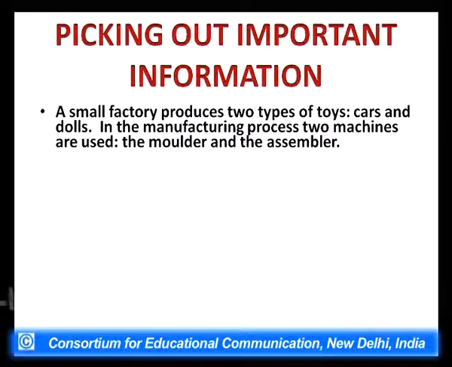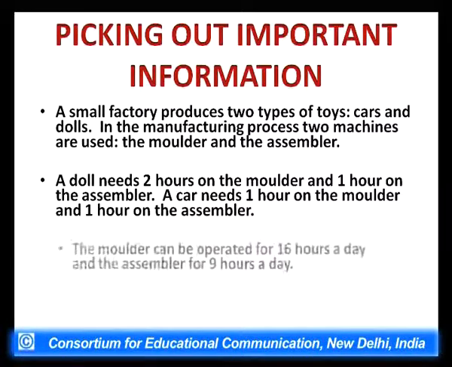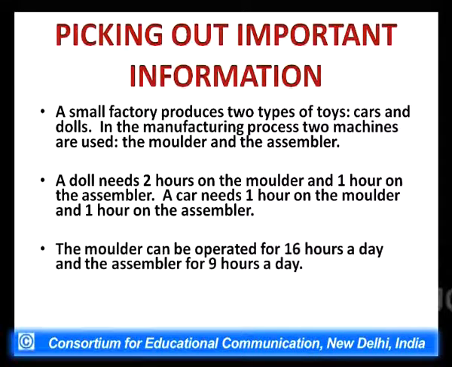This is an important statement and it has been picked up. The next important statement is, a doll needs 2 hours on the molder and 1 hour on the assembler, and a car needs 1 hour on the molder and 1 hour on the assembler. This is the time required for making these toys on the two machines. The next important statement is, the molder can be operated for 16 hours a day and the assembler for 9 hours a day. So this capacity is also given.